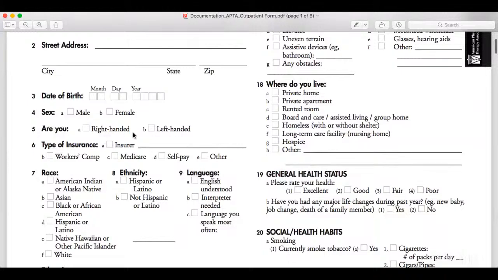Handedness. We all know that in some people there's a part of the brain that handles a particular situation of the patient or activity, and in other people it is the other part of the brain. So this handedness is important to ask about the patient. Type of insurance, as I've said, the issue of Medicare and Medicaid is not something that we have here, and therefore it's not relevant.